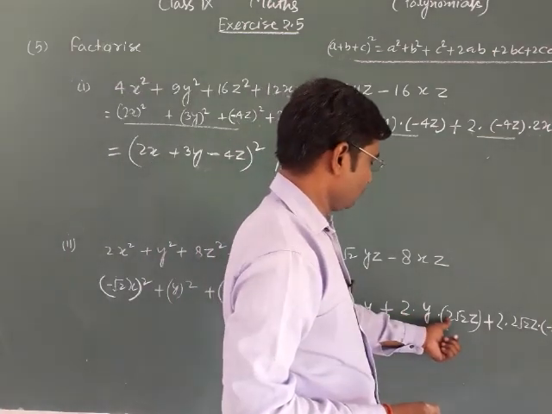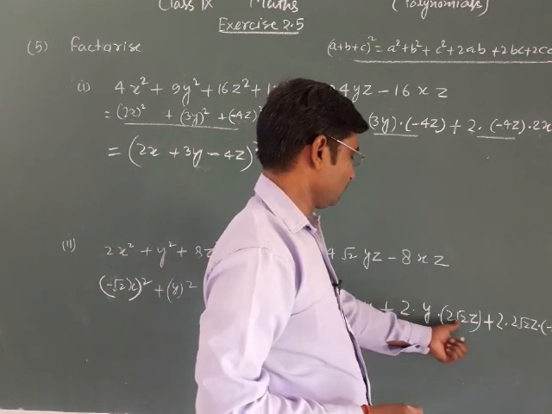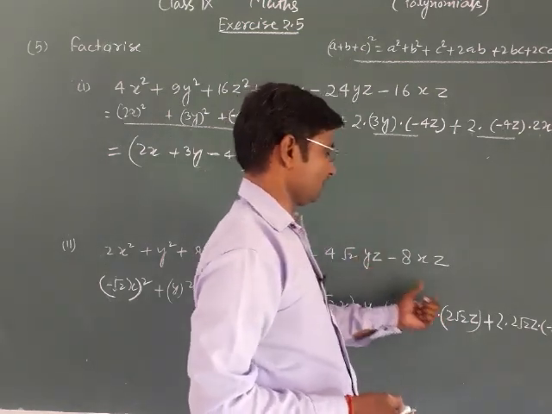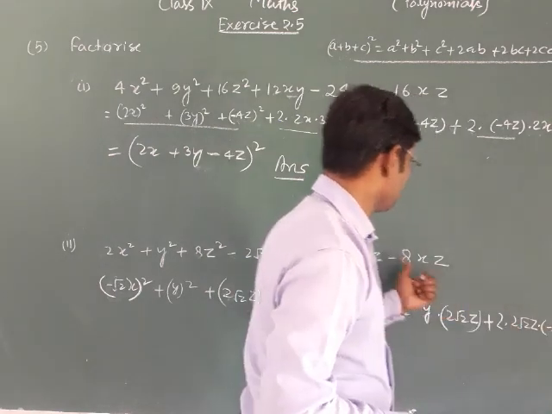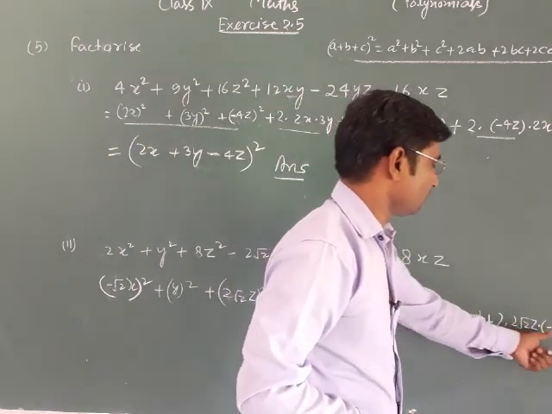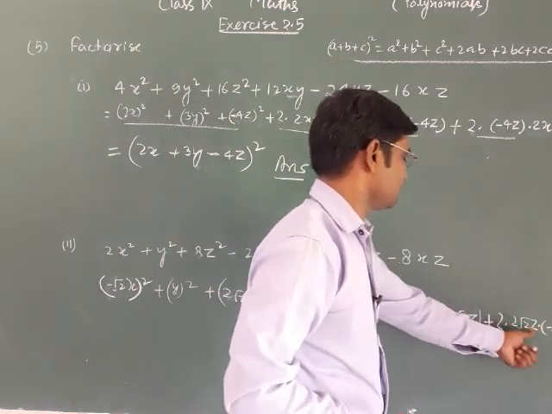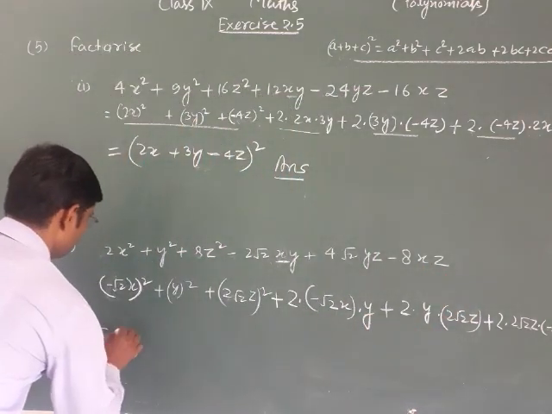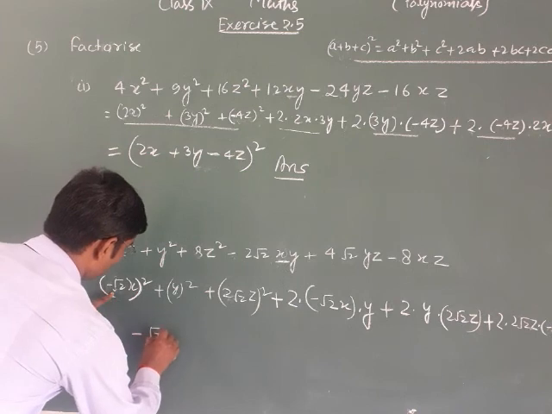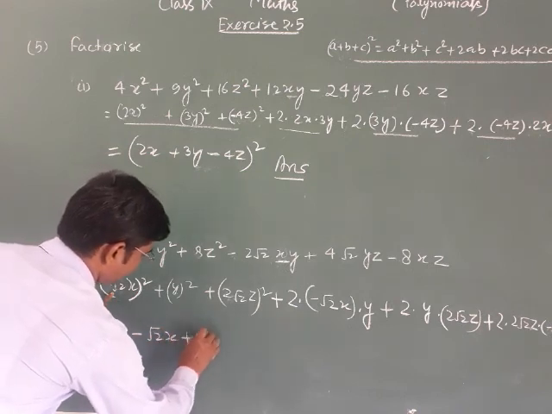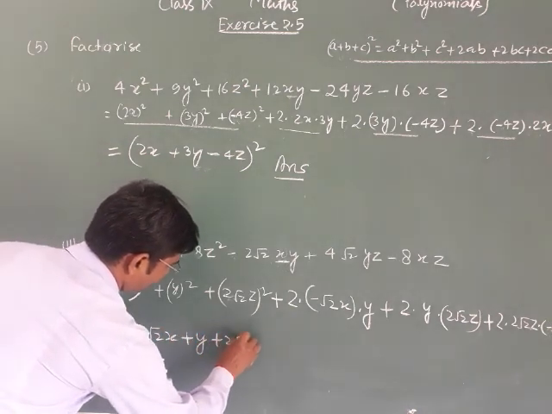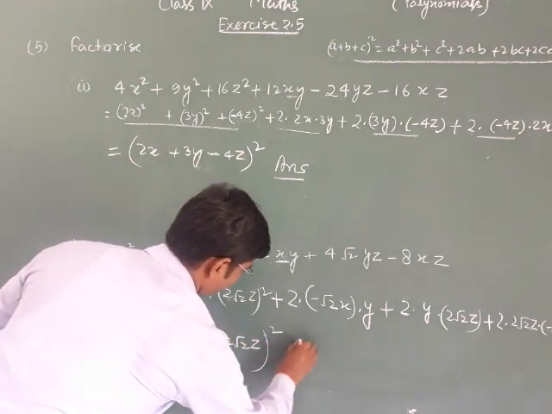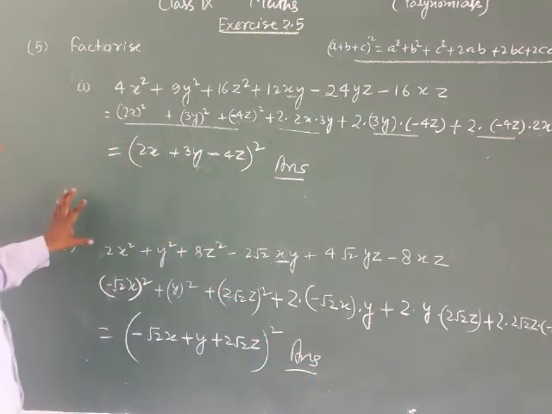Then 2 times 2 root 2 yz, taken positive, and plus minus, 2 times 2 root 2 times root 2 is 8zx, also completed. So now we get (minus root 2 x plus y plus 2 root 2 z) whole square. This is the answer.